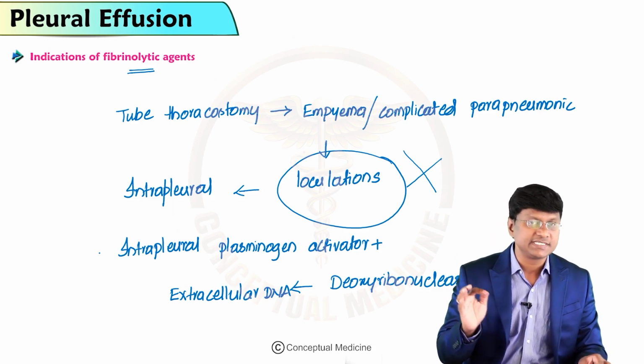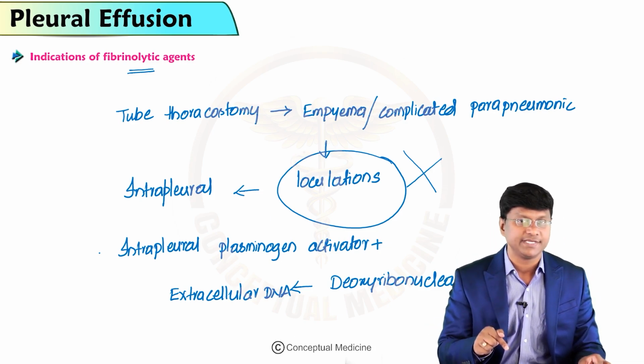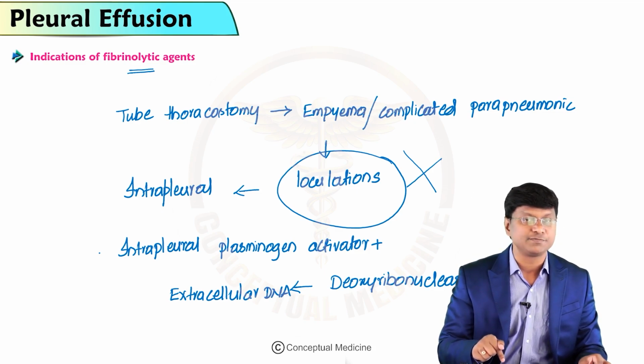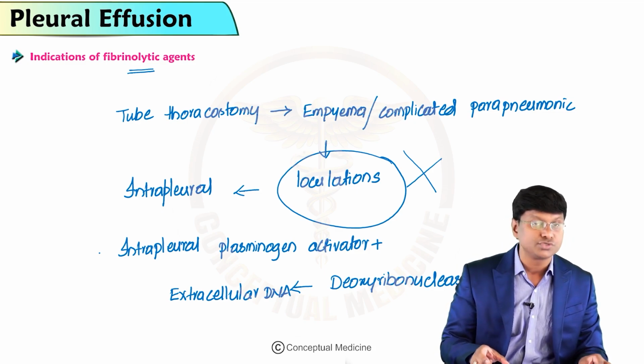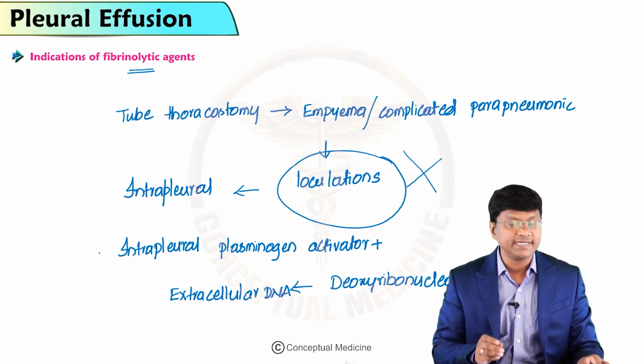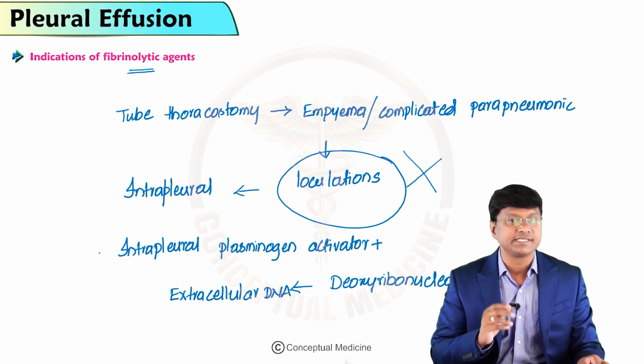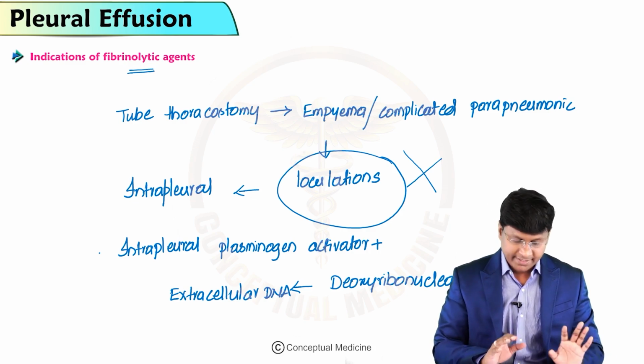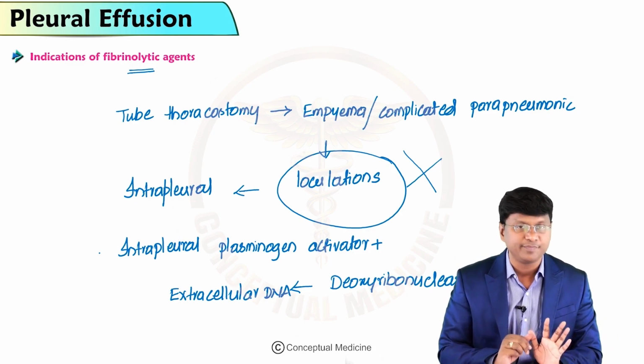So it is not just installation of a fibrinolytic agent alone. Along with the tissue plasminogen activator, you also need to add the enzyme deoxyribonuclease, which catalyzes the extracellular DNA. So this is about the treatment of pleural effusion.